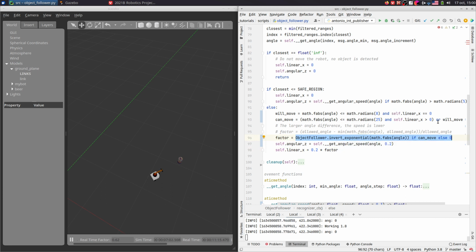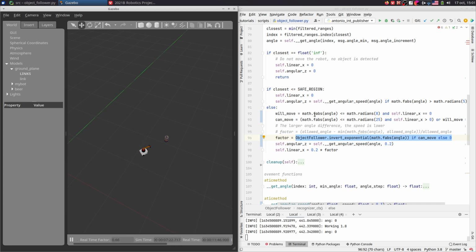The main idea of this is, if the difference in our angles is too large, then the movement that should be applied to our robot in the linear direction will be 0, because we don't want the robot to start moving if the object is in the opposite direction or at 90 degrees.